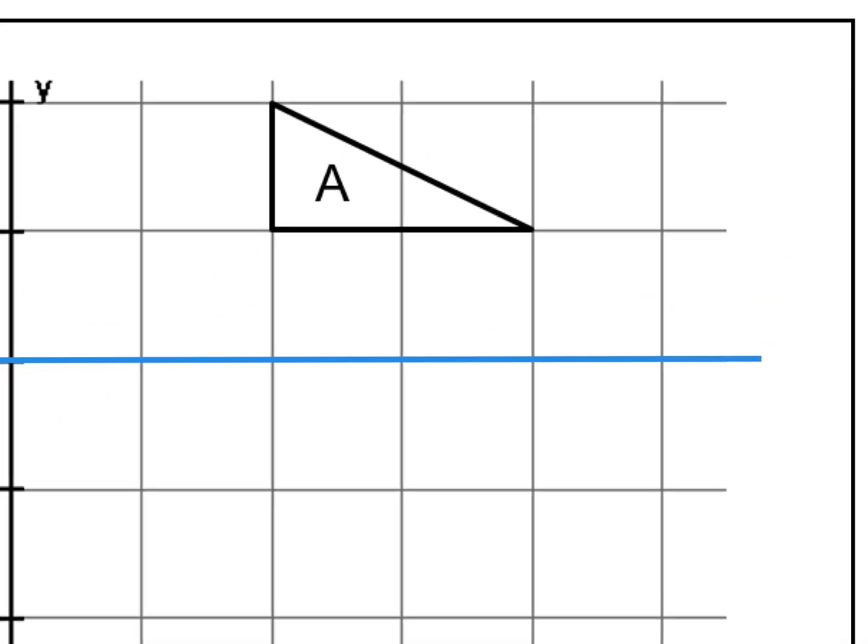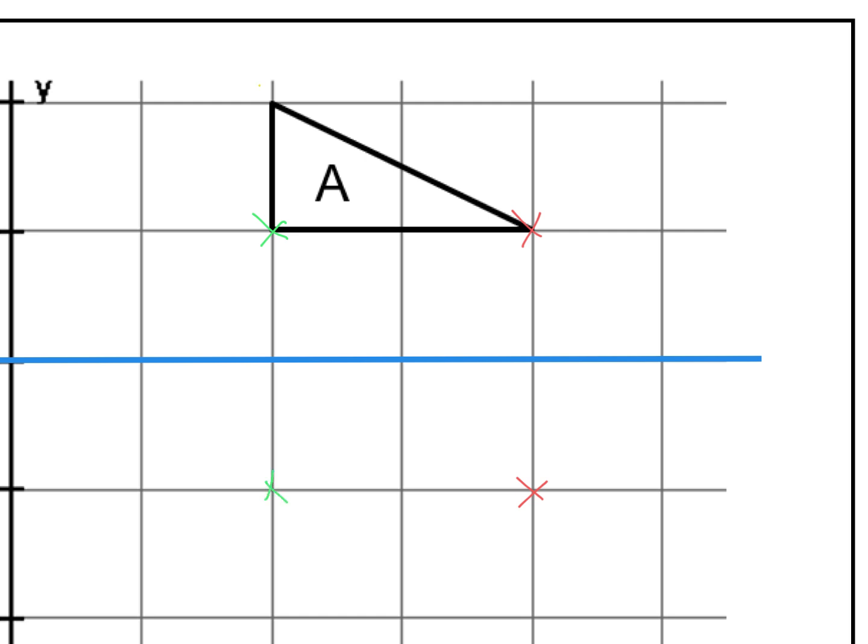So this point here is 1 away from the mirror line, and we'll go 1 to the other side, and that's where the new point will be. We'll then take another point. Let's choose this right angle. The shortest distance to the mirror line is 1, and then go the same direction on the other side, and it would be here.